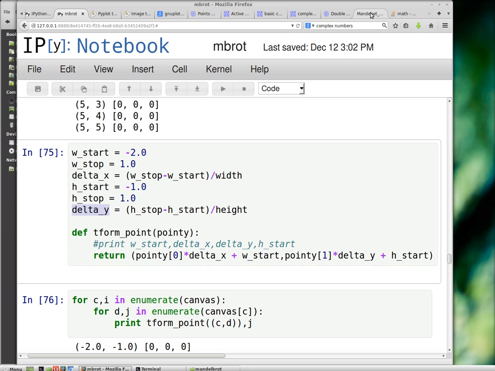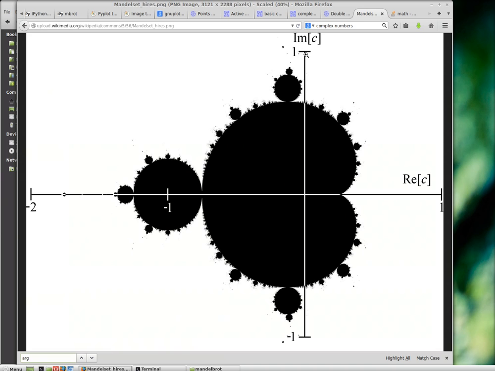So in this case, with height being 5, the total distance is 2, and so delta y is going to be 2/5. So I'll go 2/5, 4/5, is that right? 2/5, 4/5, yeah, that's right. It's a little weird, isn't it? So here's, yeah, anyway.